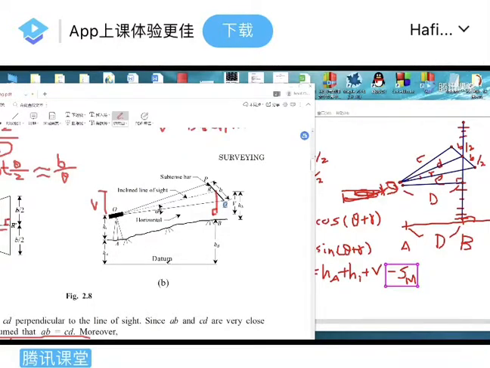Now take a look at this one. From this point, from your staff, you can read something called HS. Previously we used the SM. You use SM is okay, but he just wants to tell the difference because this one is already tilted. He just wants to let you know.